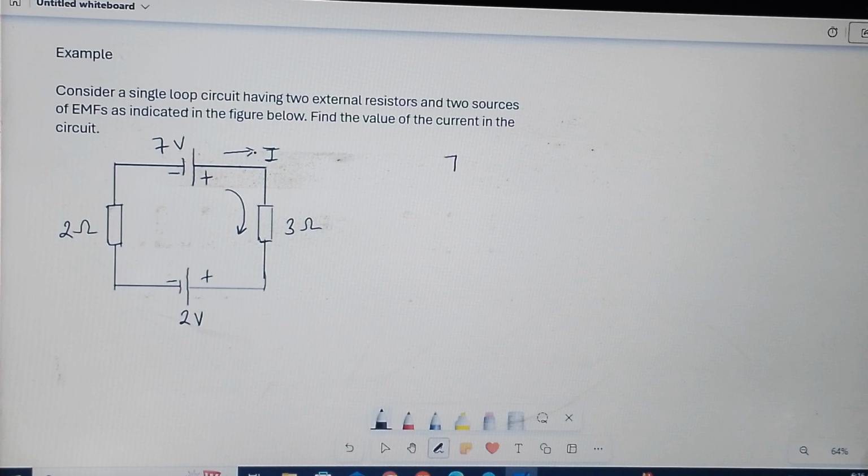Coming through, you can see the direction of the current is in the same direction as what we have assigned, so the potential drop here is going to be negative. So it will now be minus, we know that V is equal to IR. So the potential across this resistor will be I times 3, which is 3I.